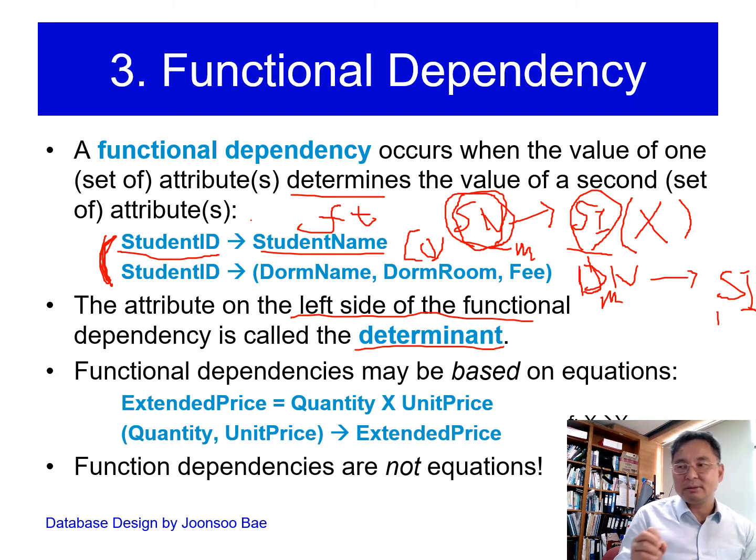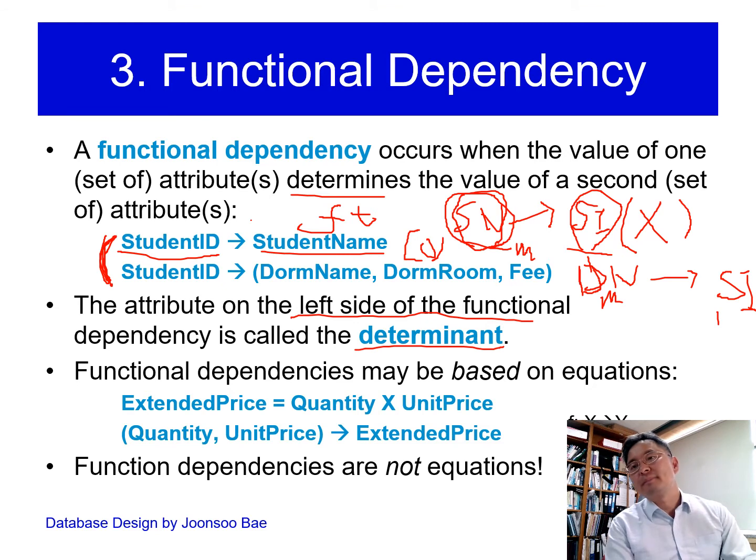You can decide based on data, but data may be confusing. So you must decide if it is a function or not based on logic and reasoning. You must decide every mapping between attributes. In some cases, functional dependency may be based on equations.